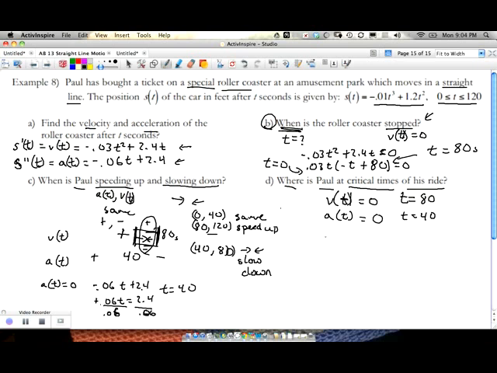So what I'm really trying to figure out is what's s of 80 and what's s of 40. Just for time's sake, we're not really pushing getting exact answers. But we know we're looking at feet, since t is given in seconds and the car is in feet.